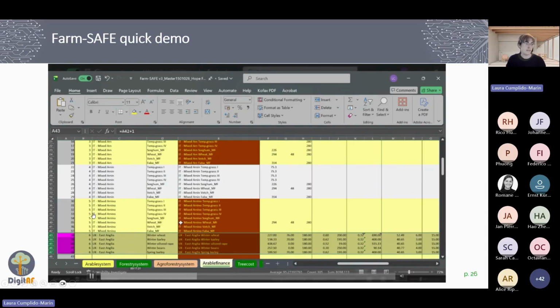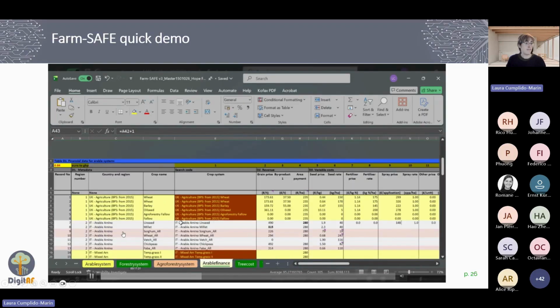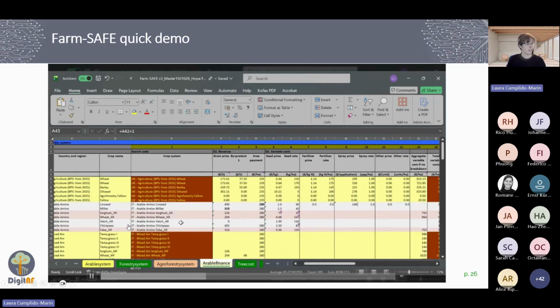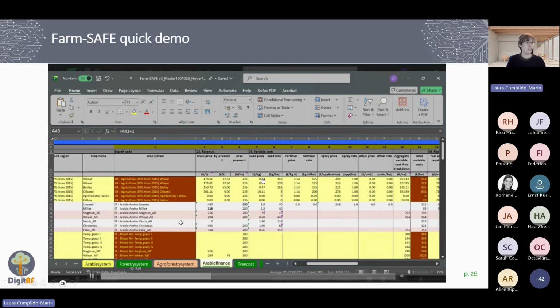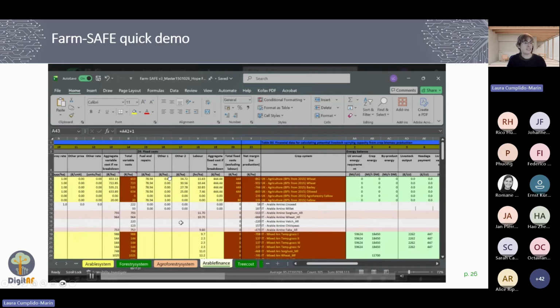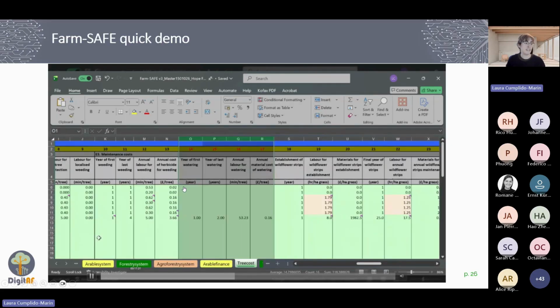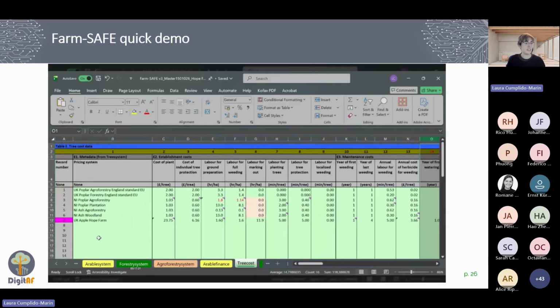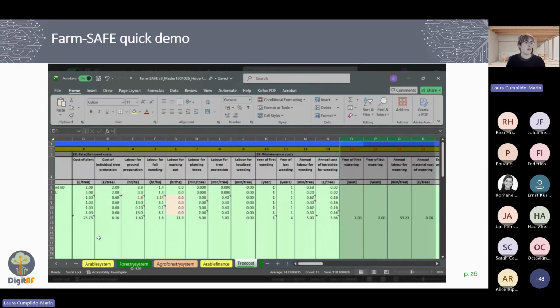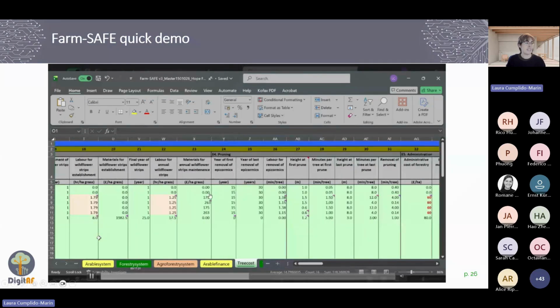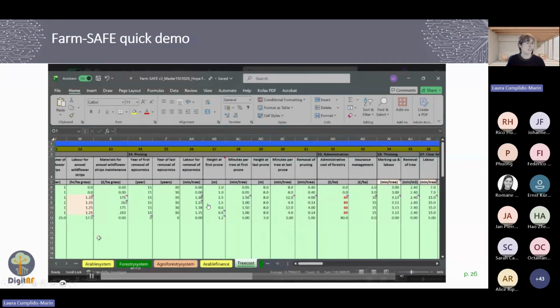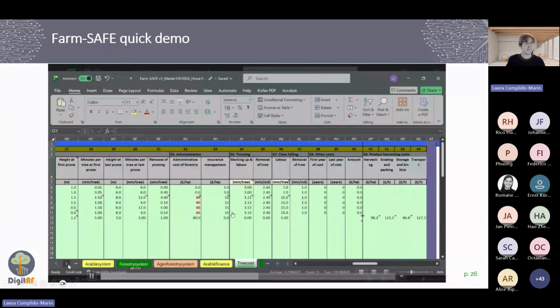Then moving on to the arable finance, where all the finance data related to your arable system is inputted, and you add your prices, your variable costs, your fixed costs, and after we move on to the costs associated with the trees: the establishment costs, maintenance costs, pruning costs, admin, cleaning, clear felling, and even harvesting costs.